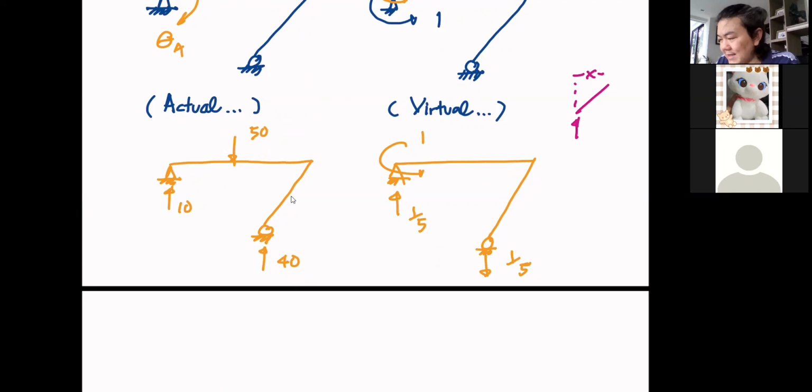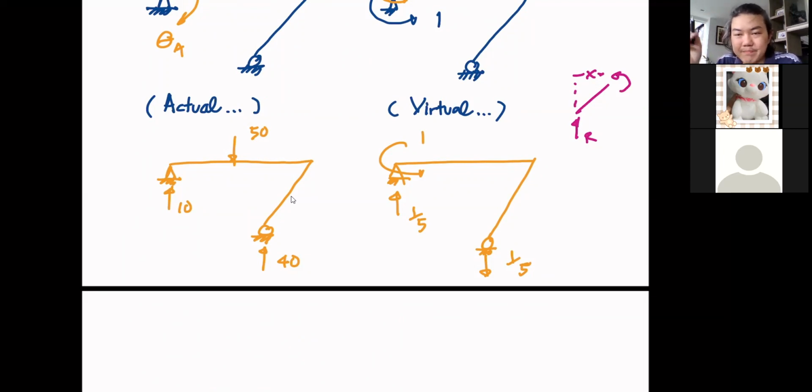But if you use x like this and then a force like that to write the moment equation, you will not get the correct moment diagram, even though the end moment will be correct. You will not get the proper moment diagram on the member, and so neither the proper work on the virtual work. So be mindful of that.